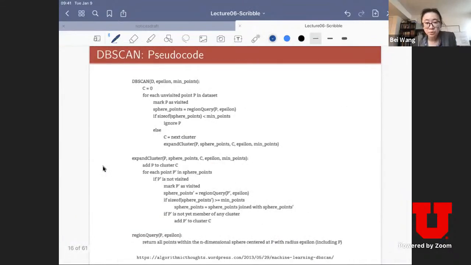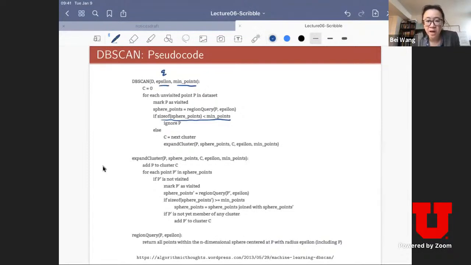Okay, so this is the pseudocode of dbscan, right? You have the parameter epsilon, you have the minimum number of points. For every single point that is unvisited, we're going to mark it visited. If the neighborhood is smaller than the minimum number of points, I'm going to ignore this point, so this point is in a not so dense region.